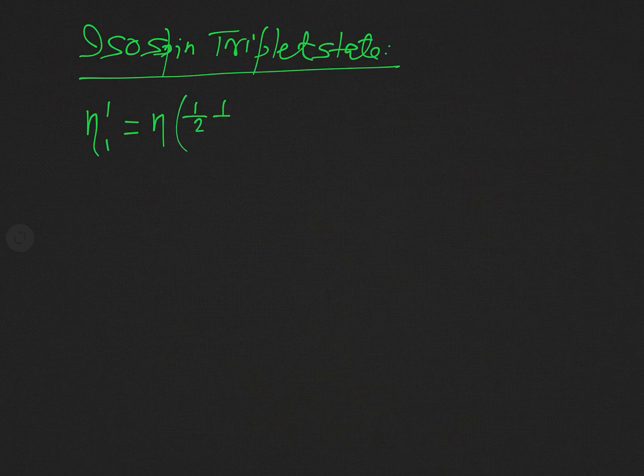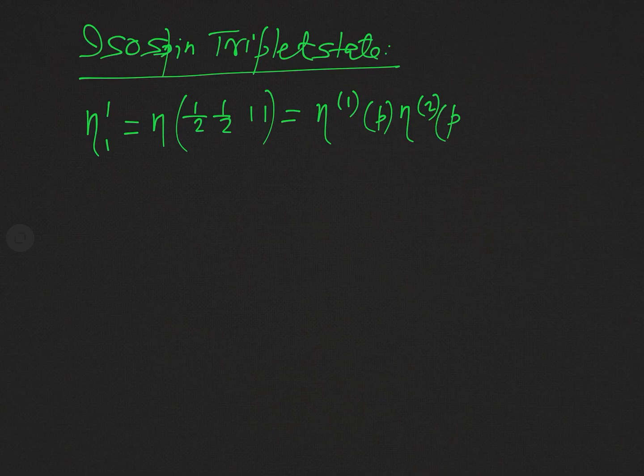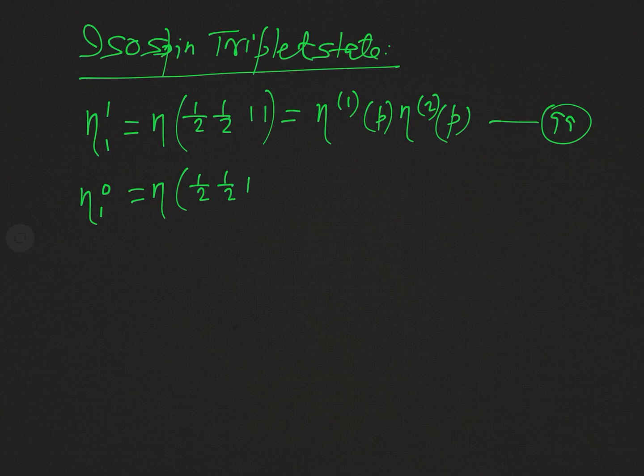This is eta 1/2, 1/2, 1, 1, and this is equal to eta 1 p and eta 2 p. Say this is 9a. The other state is the 1 0 state, and this is eta 1/2, 1/2, 1, 0.